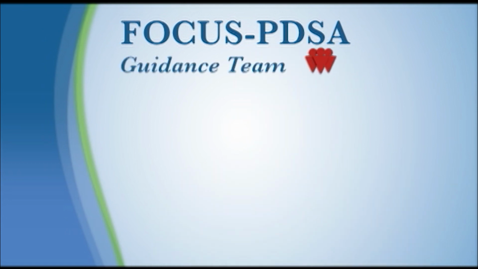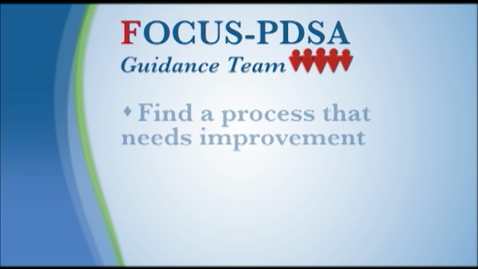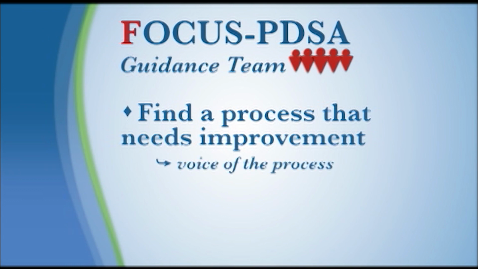The action starts with what's called a guidance team. It's usually a management group. It's their job first, the F of focus, to find a process that needs improvement. Most often they have to tap what we call the voice of the process, the voice of the customer, data systems that show how your processes are functioning and compare them to your customer's need.